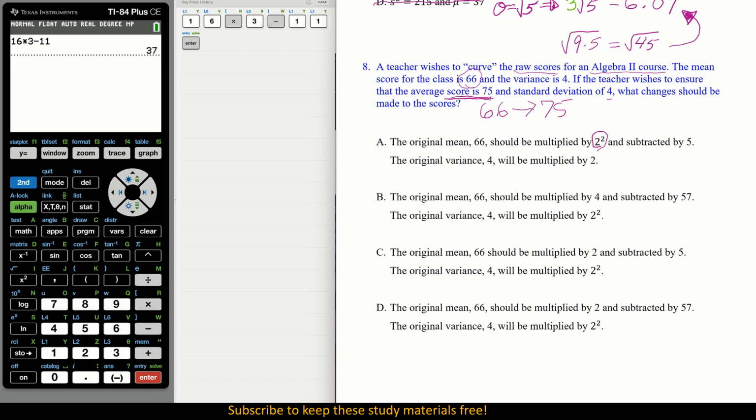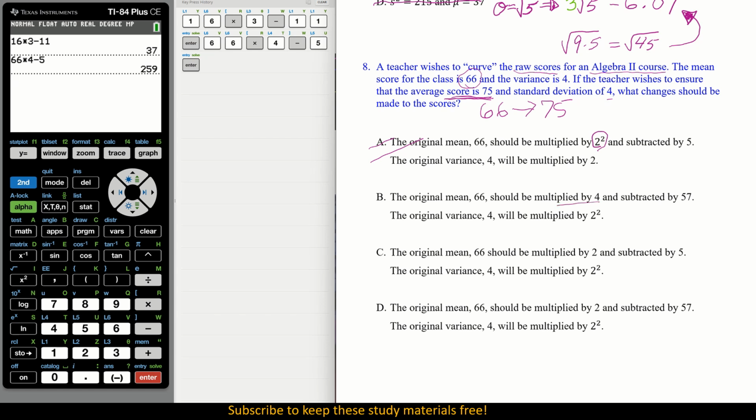Remember, we have to go by a process, and the process didn't involve squaring anything. But if we squared that, that would be 4. If we multiply by 4, 66 times 4 minus 5, what does that get us? It doesn't get us 75. Remember, you're going to go by the exact process for the mean. They gave us the process, and it doesn't work. Let's go to B.